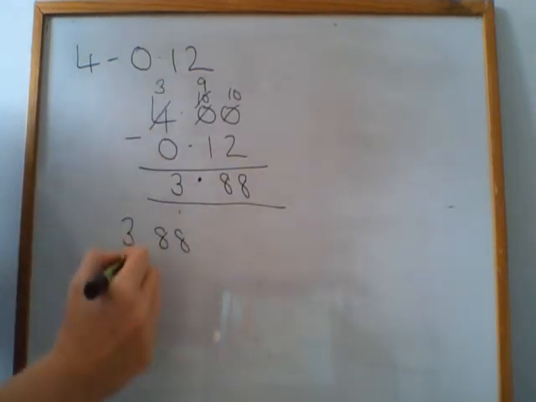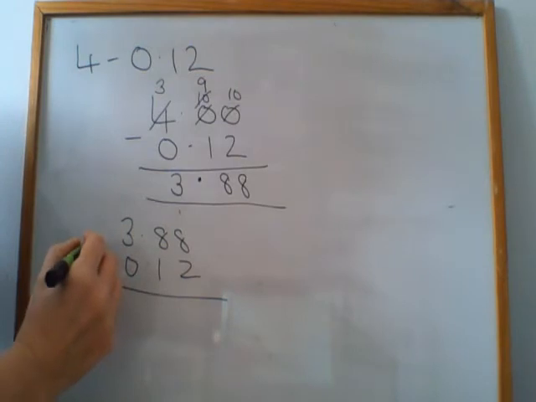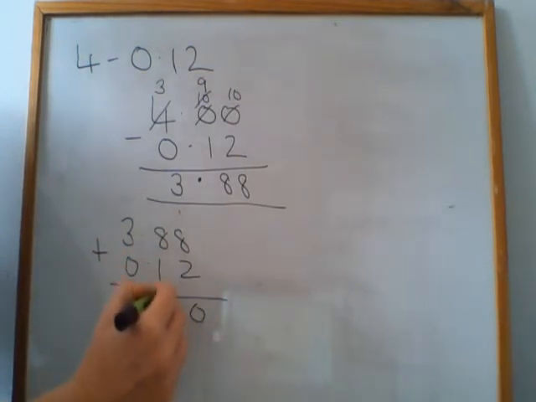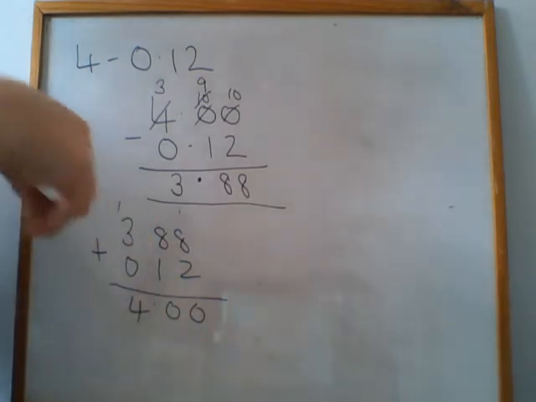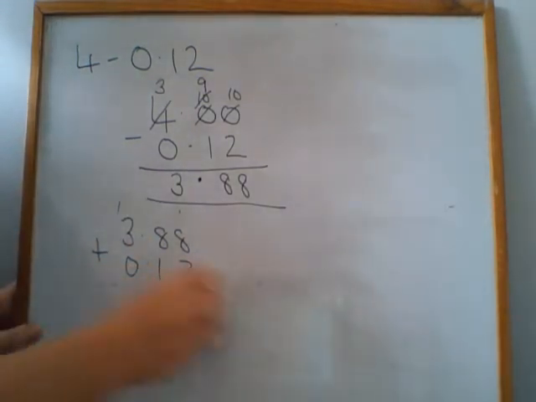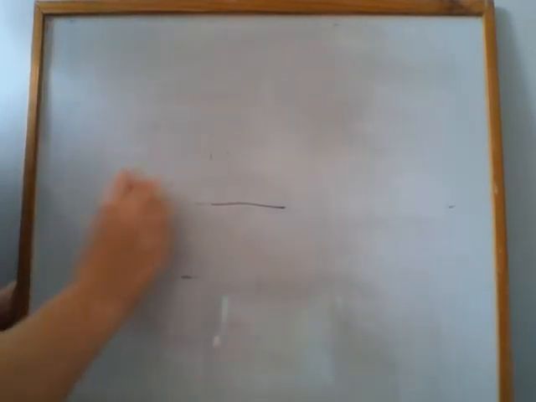And of course if you add 0.12 back on to double check using the inverse, 8, 9, 10, you get back to 4, so your answer is correct. So always check using the inverse where you can, and then you'll know yourself that your answers are absolutely correct.